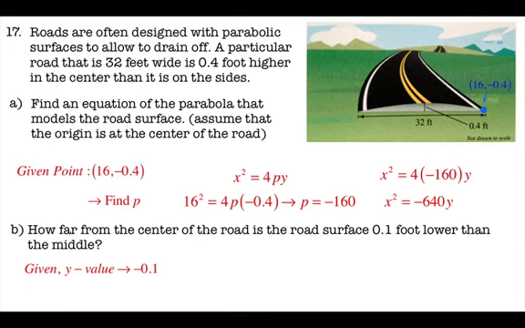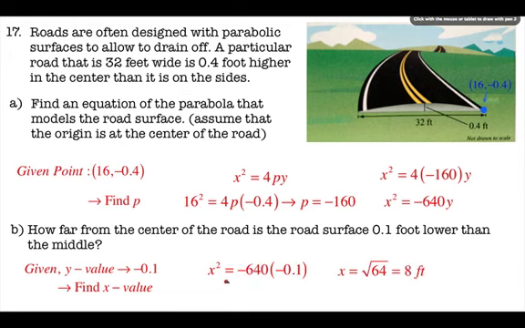So you substitute negative 0.1 into the equation in part A to find the x value. Once you substitute, simplify, and take the square root, you end up with 8 feet. This is the answer to part B, and this concludes video 9.1, part 2.